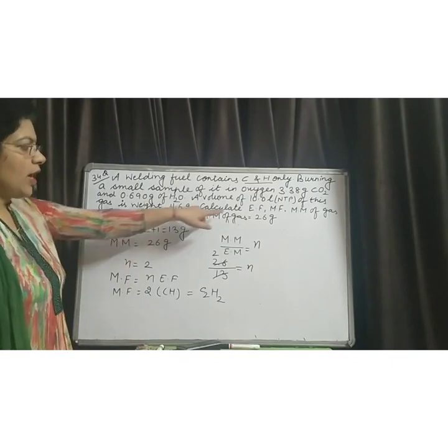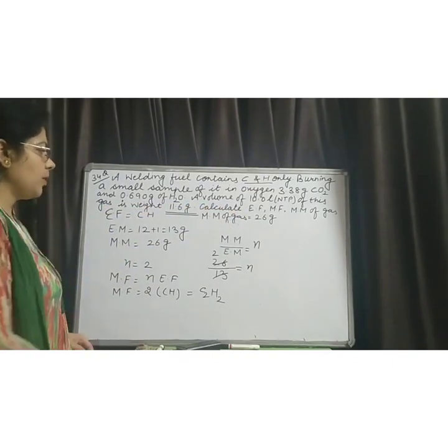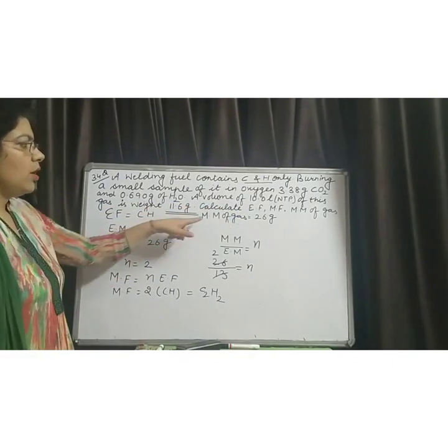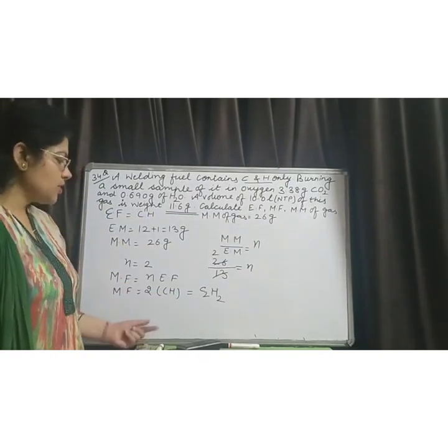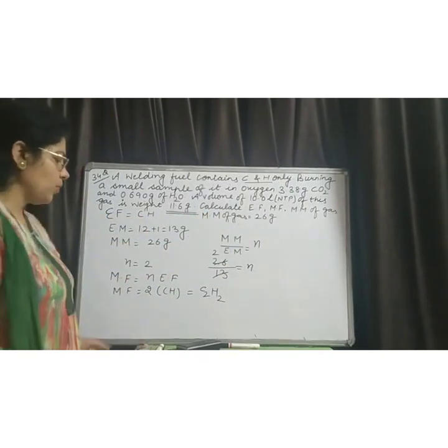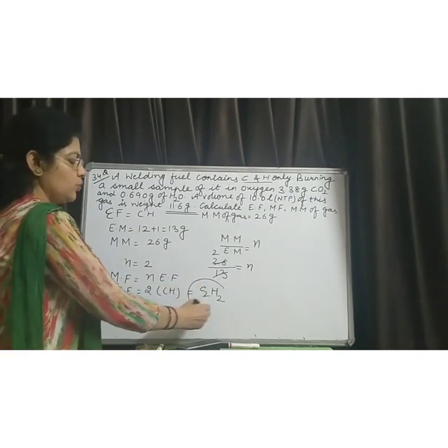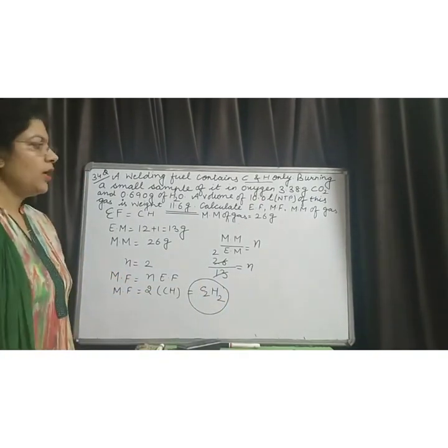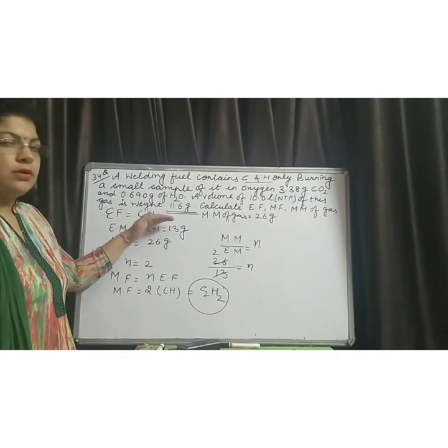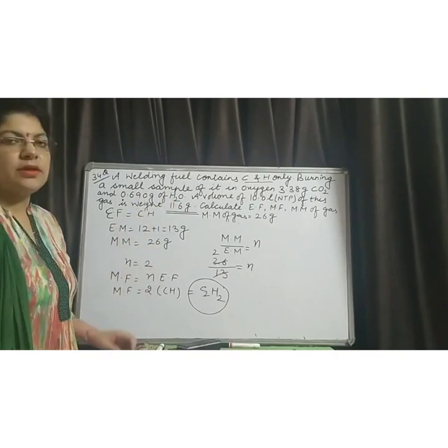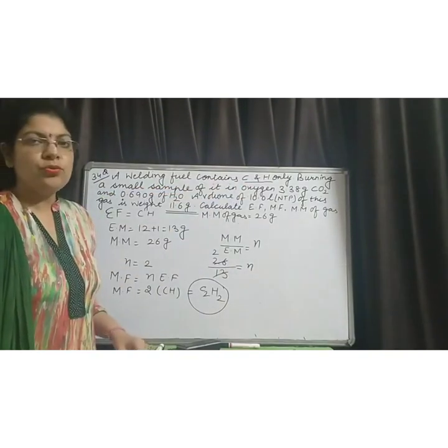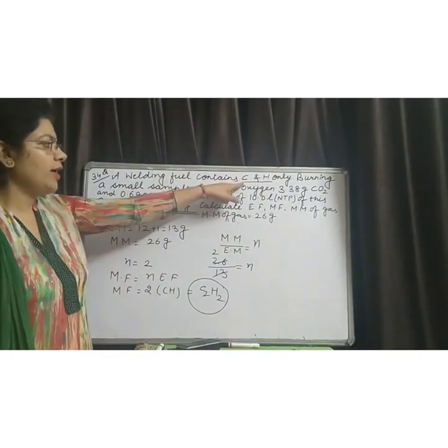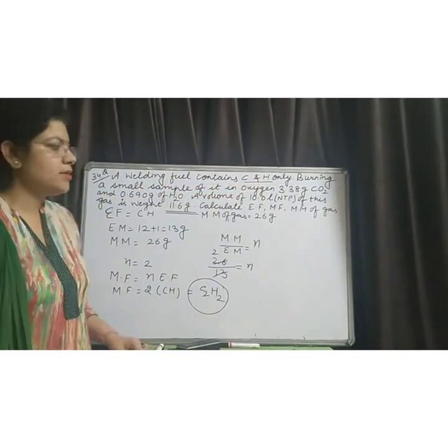In this question, we have to find the empirical formula of the compound, that is CH. Molar mass is 26 grams and last we have to find the molecular formula, that is C2H2. In this question, percentage is not given to you, only the elements are given to you. So first of all, you have to find the percentage of these two elements.